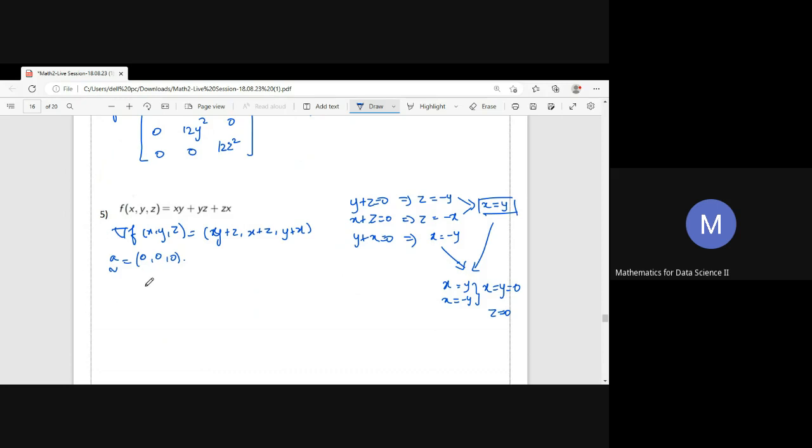Okay. Yes, ma'am. Okay. Now, what is your Hessian matrix? It is 0, 1, 1; 1, 0, 1; 1, 1, 0. Right? What is the determinant of this matrix?